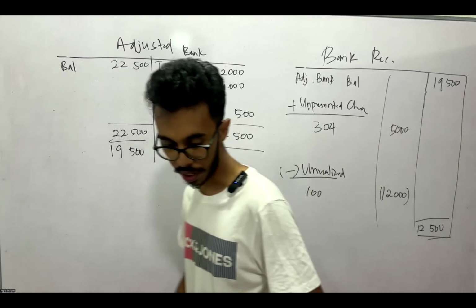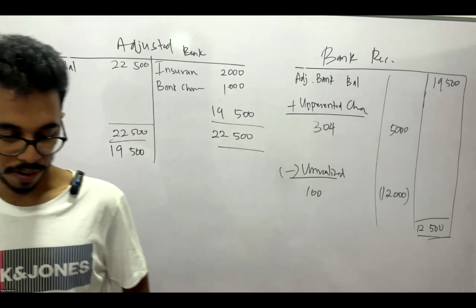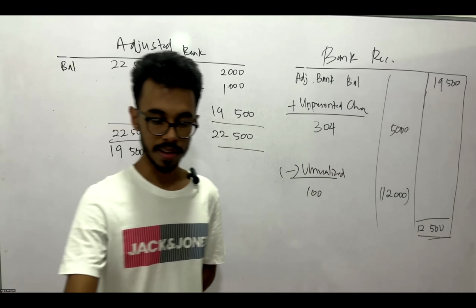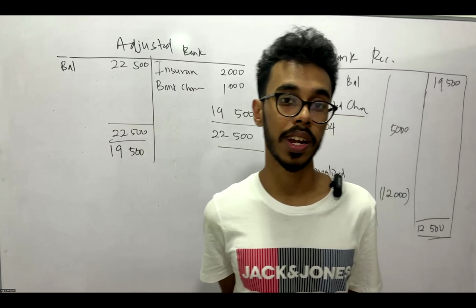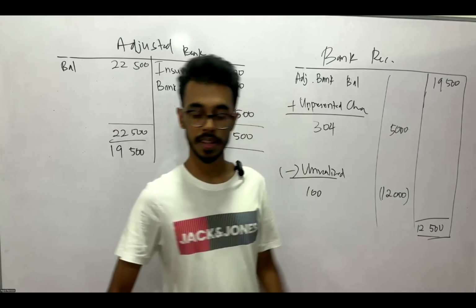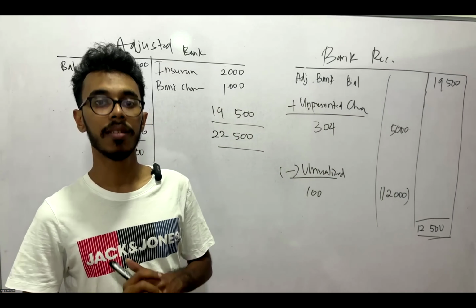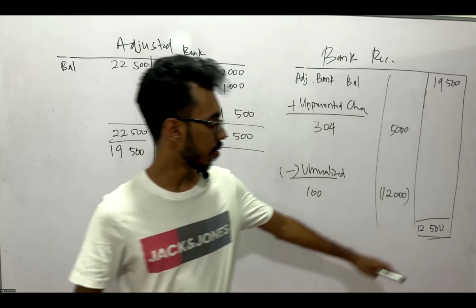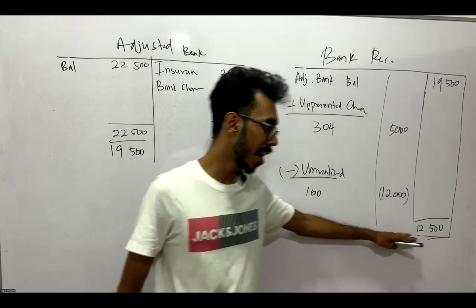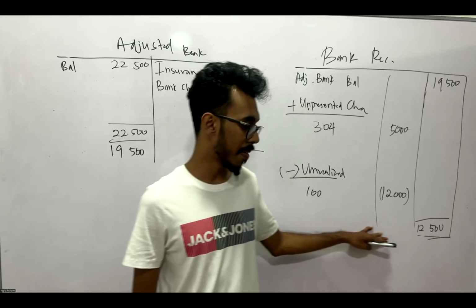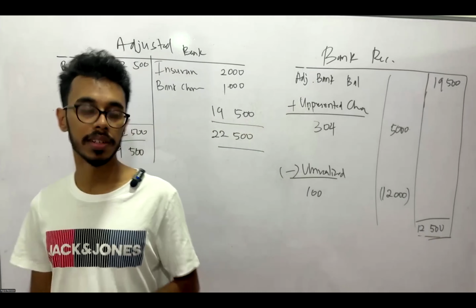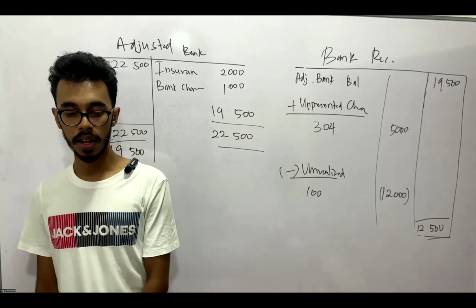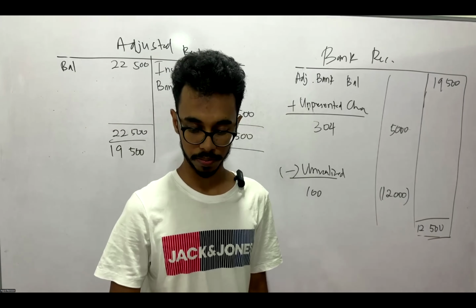So at the end of our bank statement you have 12,500. If the sum is correct, it has to be equal. So that is the balance as per the bank statement at 31st of December. So that's how you do this.